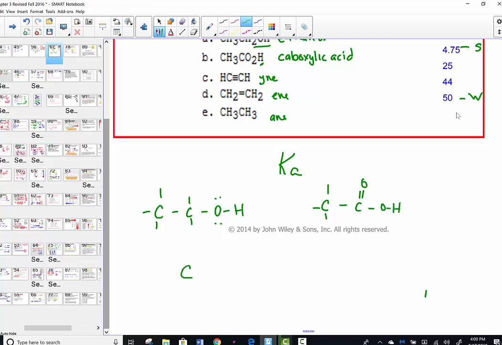Here's triple bond, double bond, and a single bond. So these are the molecular structures of our 5 choices: an alcohol, carboxylic acid, ene, ine, ane.